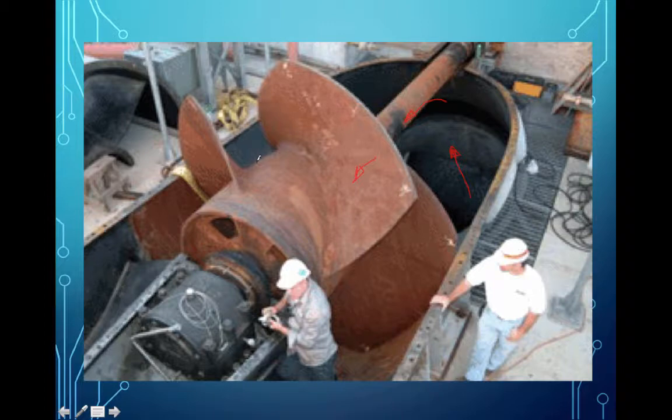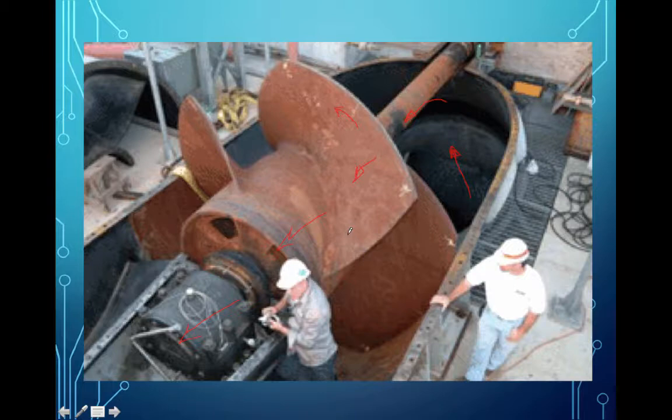From the impeller shape, the impeller is rotating that way, and it pushes water along this axis, and this would be called an axial flow pump. So named because the flow direction of the water is more or less in the same direction as the axis of rotation of this large propeller thing, which is called the impeller.